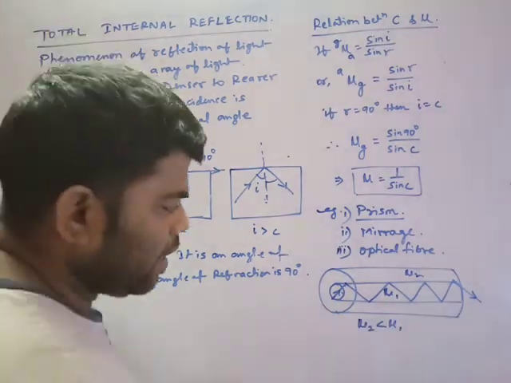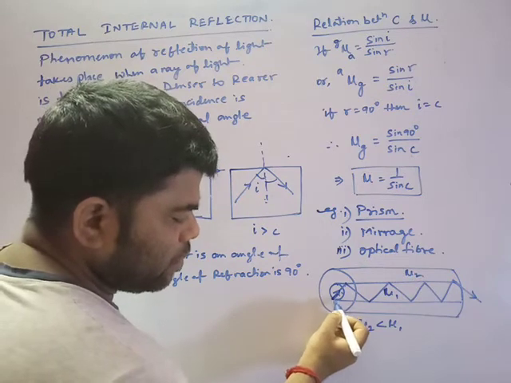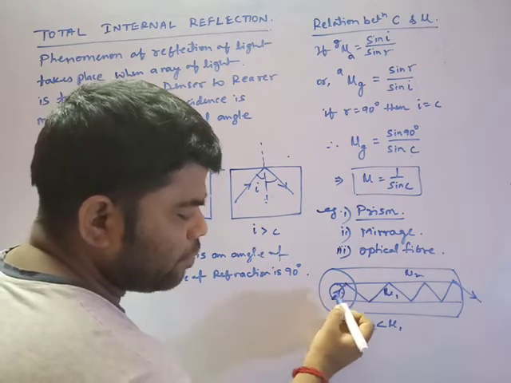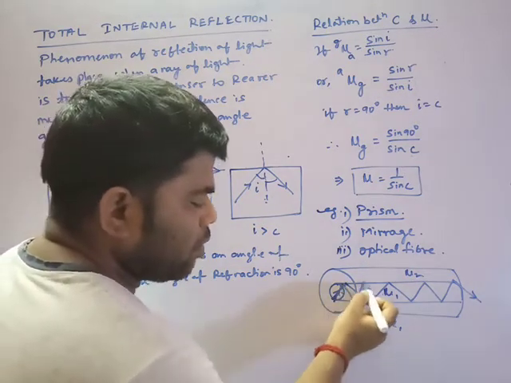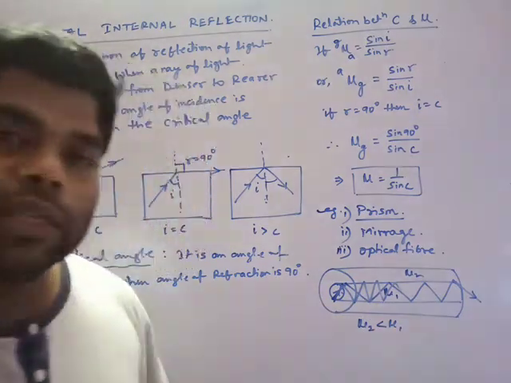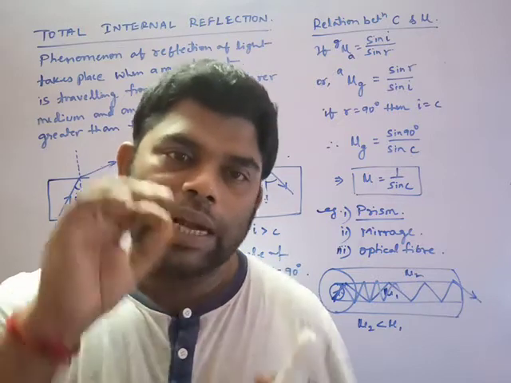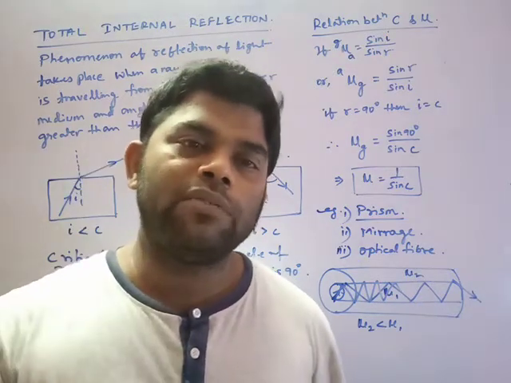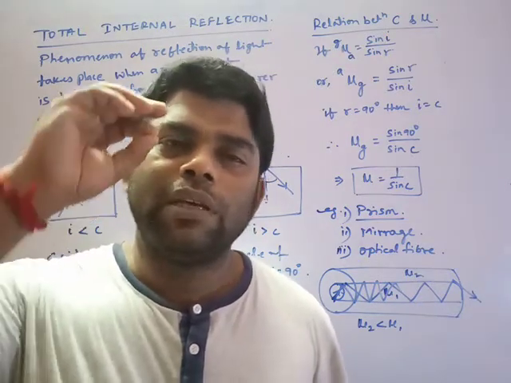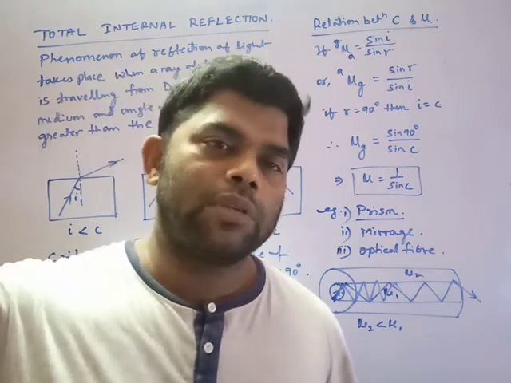And here, suppose I send one ray at 90 degrees, I can send another ray at 90.1 also, and the other will also be reflected. Because of this, the two waves will never collide. That is why, in optical fiber, we can send millions of waves. Is it right?